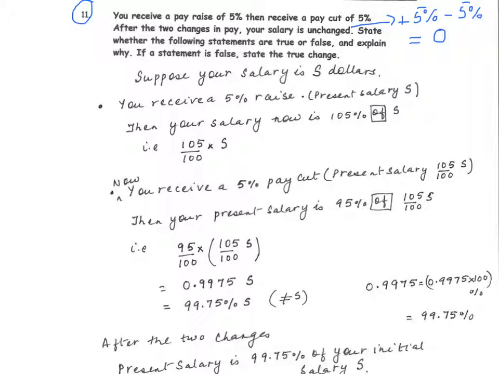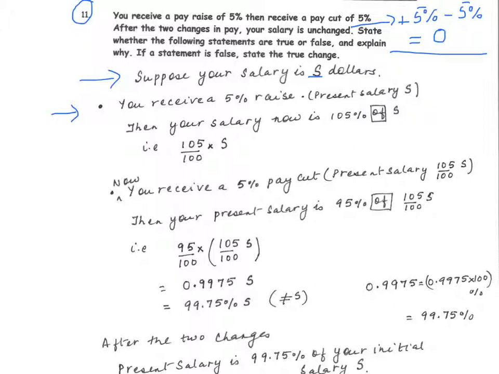So we want to check the truth in this statement by doing our own calculations. It's a little more complicated than just adding and subtracting a 5%, and that's what you're going to see. Suppose your salary is something, and we're going to call it S dollars. So the first thing that happens is you receive a 5% raise.